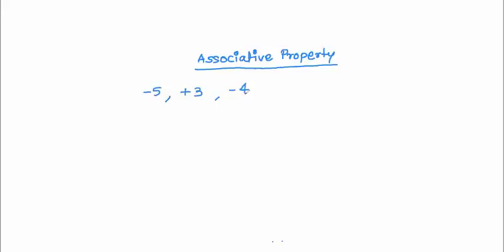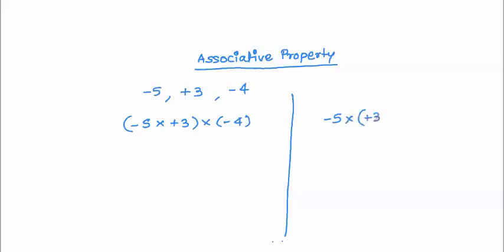First let's do -5 into +3, and then multiply it with -4. And in the second case, we'll do -5 into the product of +3 multiplied by -4. So we'll do this first.